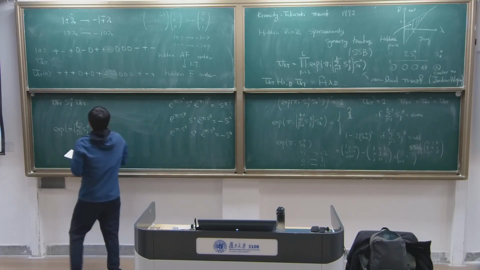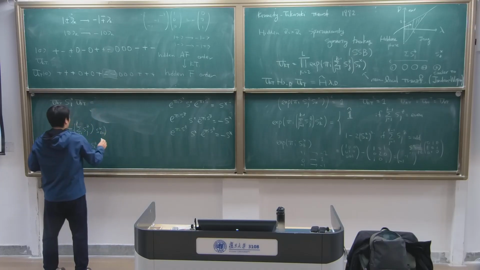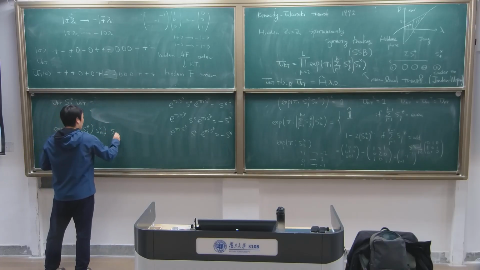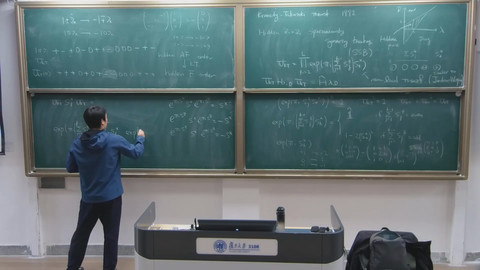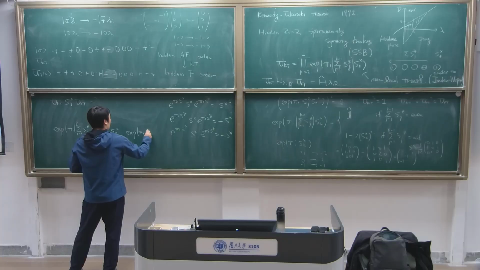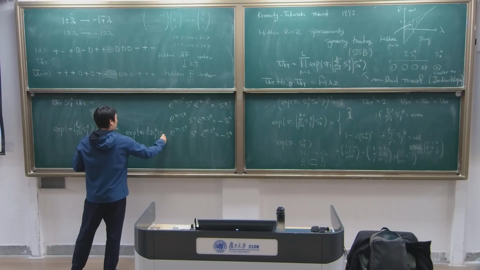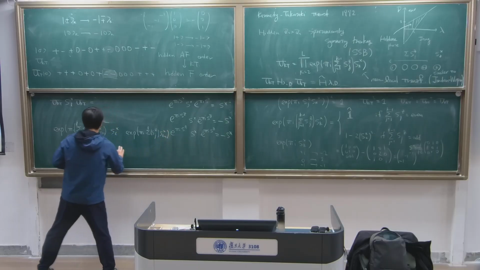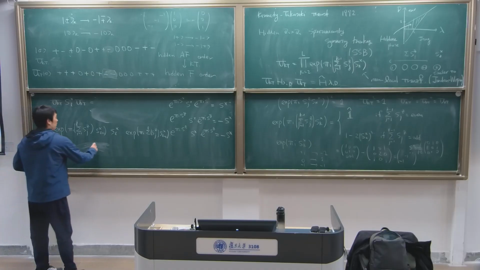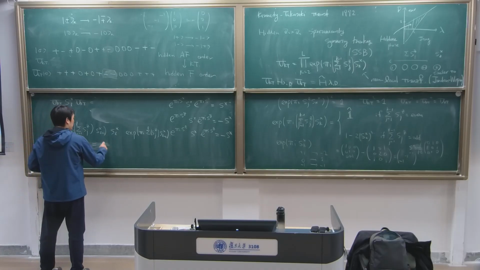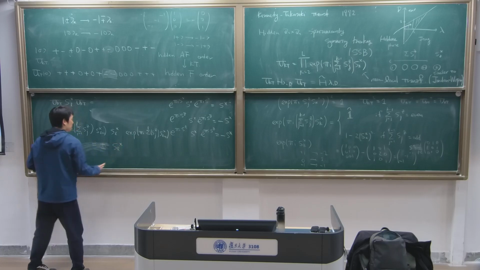Therefore, what you get is this, and then S_L^x, and then the same thing, exponential of pi i sum over j of S_j^z, and then S_{L+1}^x. If you do that, this is equal to plus or minus S_L^z.